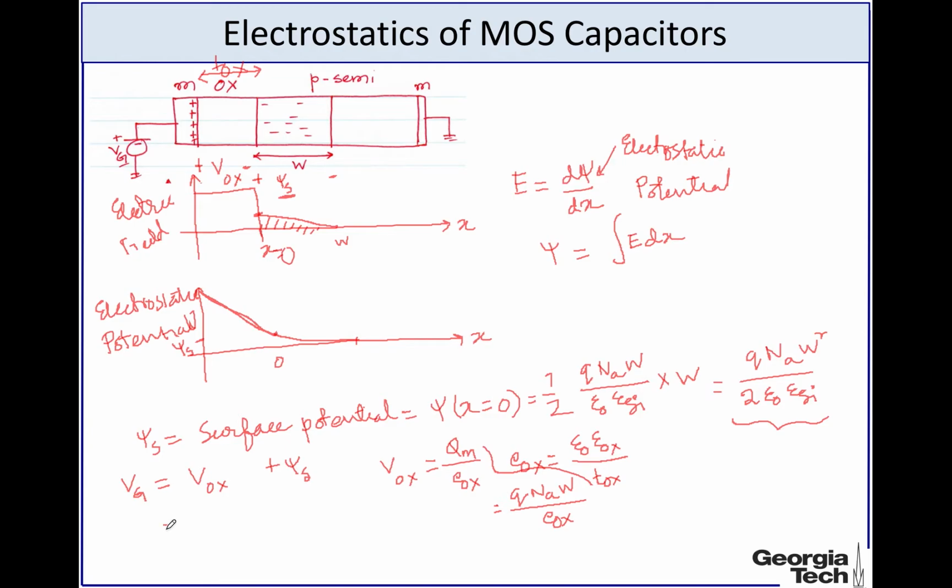Alright, so if we just simply replace everything, then we get q N_A W over Cox plus q N_A W squared over 2 epsilon naught epsilon silicon. So this is the equation that we derive for the gate voltage for a given depletion width. Alright.